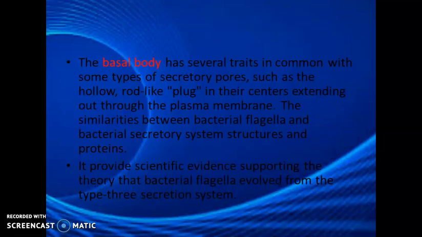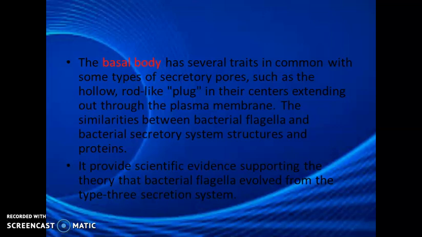The basal body has several traits in common with some types of secretory pores, such as a hollow, rod-like plug in their centers. So the basal body is hollow in shape, with a rod-like plug in its center, extending out from the plasma membrane. There is a similarity between the bacterial flagella and the bacterial secretory system structures and proteins.